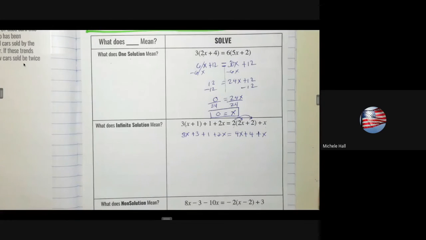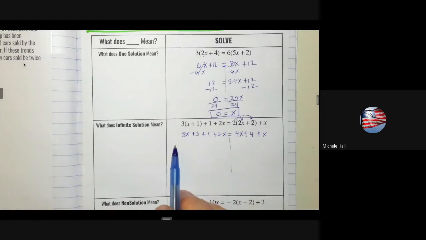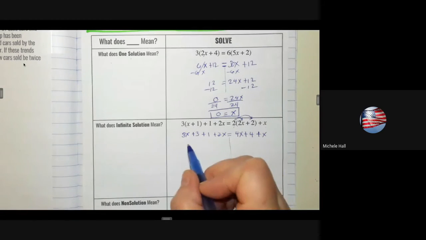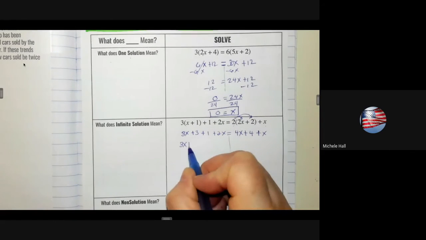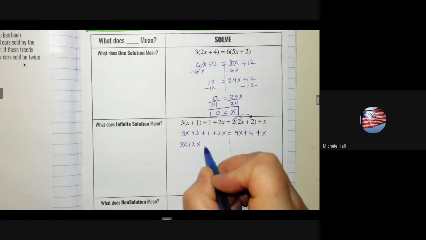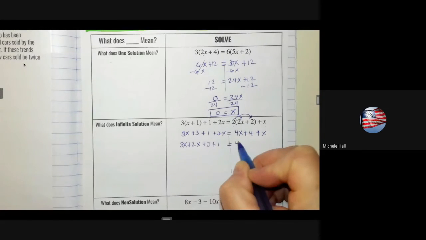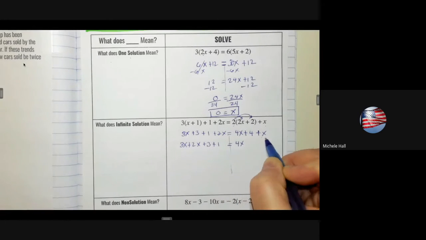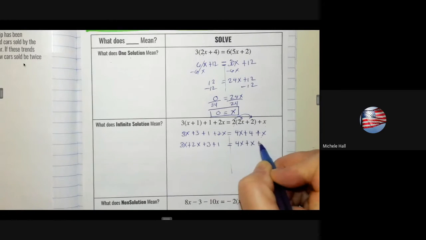Now I would like to simplify terms before I start shifting them across the equal sign. What can I add over here? I'm going to put my terms next to each other. So I have 3x, and then I have a positive 2x, positive 3, positive 1, equals 4x. I'm going to move this x, the commutative property, over next to the 4x, plus 4.